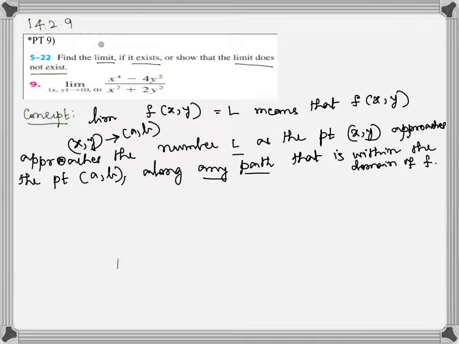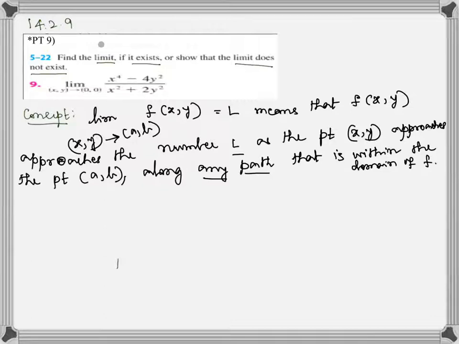Here in a multiple variable case, as (x, y) approaches (a, b) along any path in the domain, the limit must be the same. If you have two paths that approach the point (a, b) but the limits are different, then we say that the limit does not exist for that function.